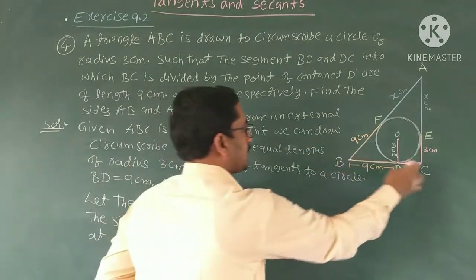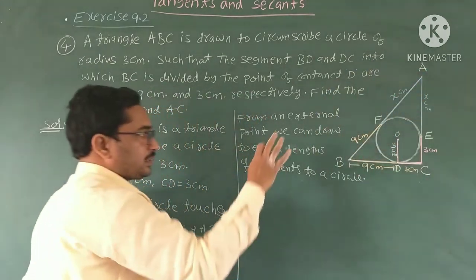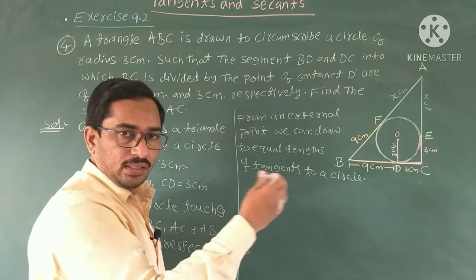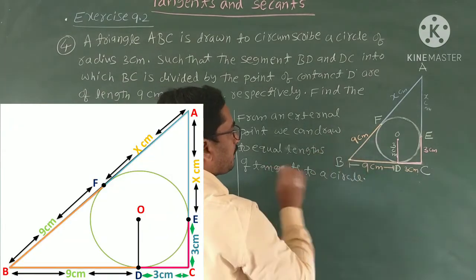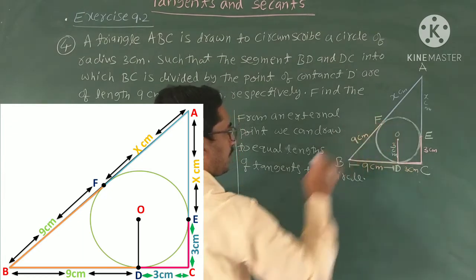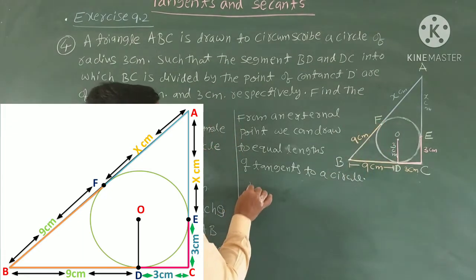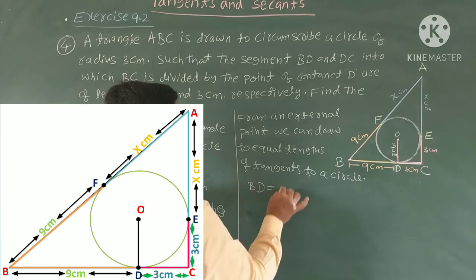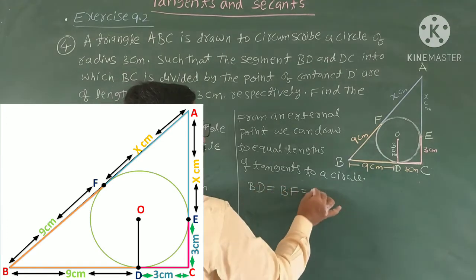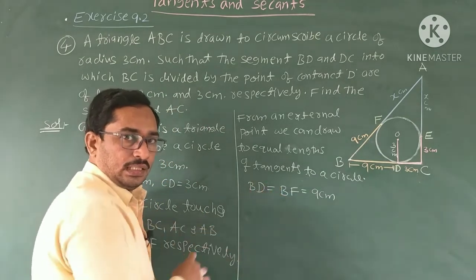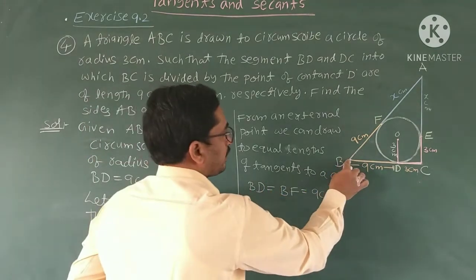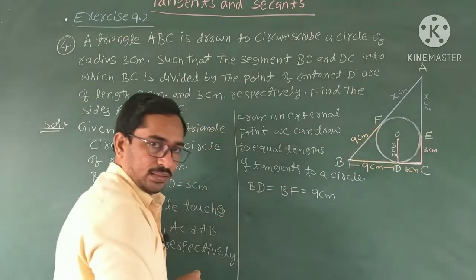So here B, C, A are the external points to the given circle, so we can draw two equal lengths of tangents. For the point B, BD and BF are the two tangents of equal length. So BD equals BF equals 9 centimeters. These two are the equal tangents drawn from the point B to the circle.